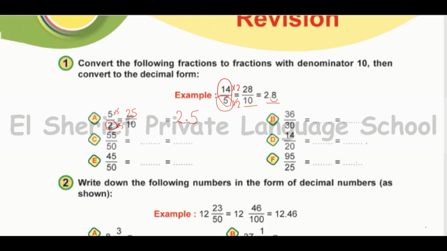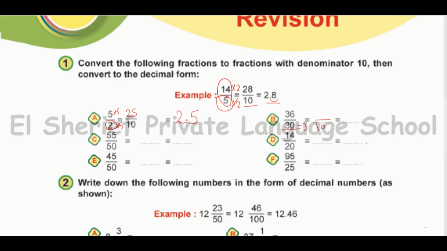Letter B. 36 over 30. The denominator here equals 30, but we need the denominator equals 10. 30 becomes 10 if we divide it by 3.